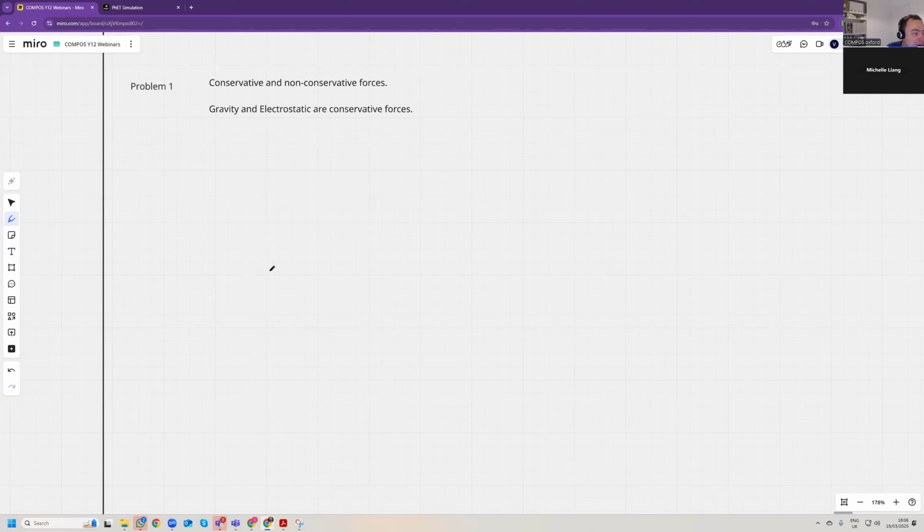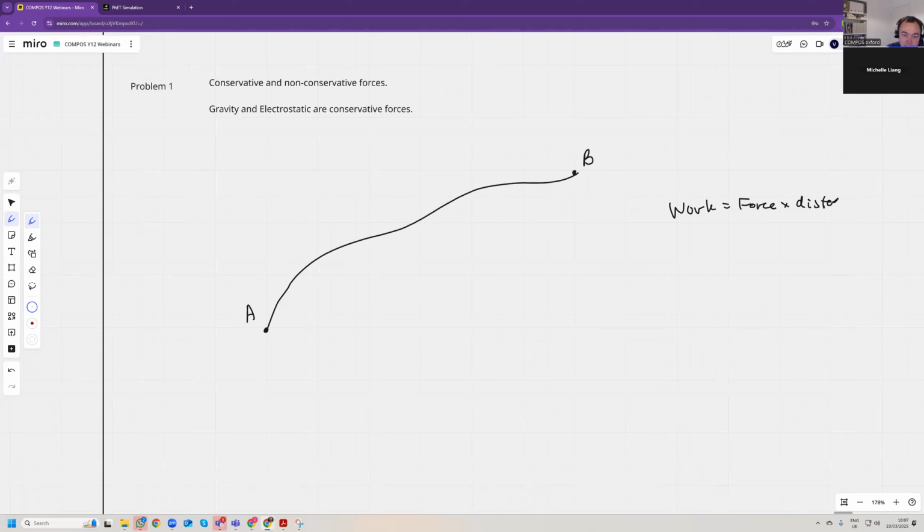Imagine a force moves you from point A to point B, and along the way the force does work, because work is force times distance times cos theta, of course.